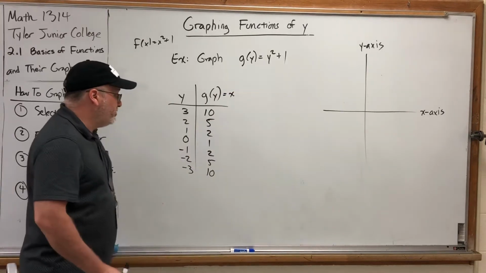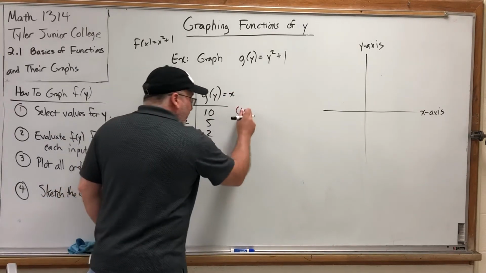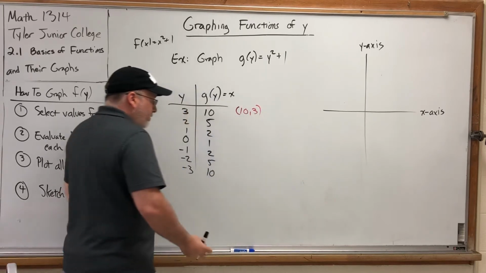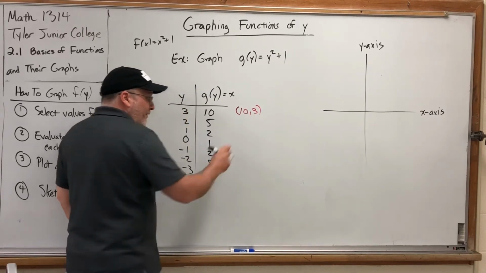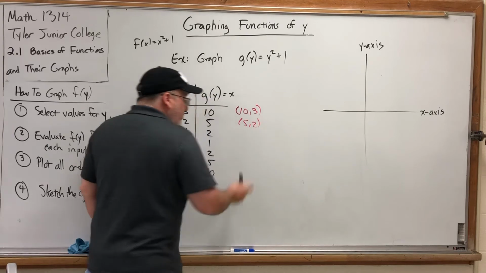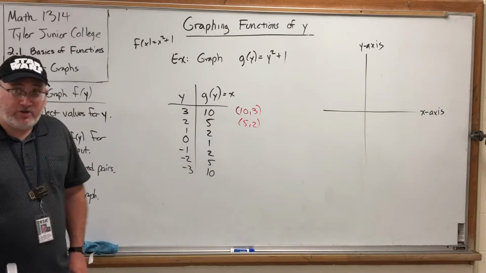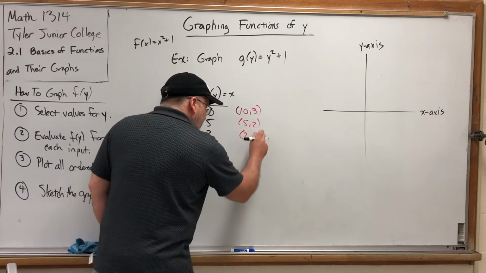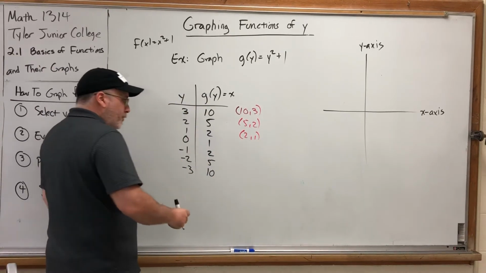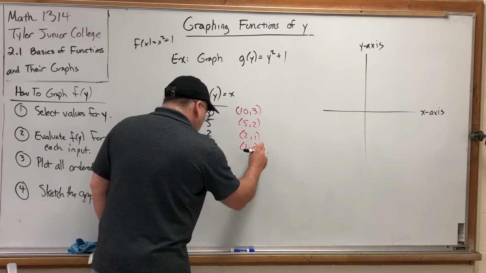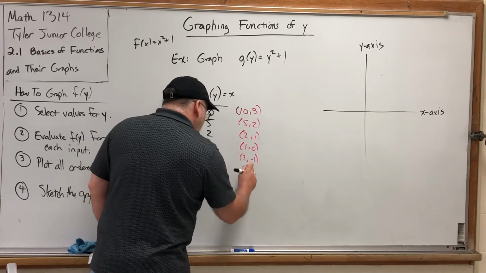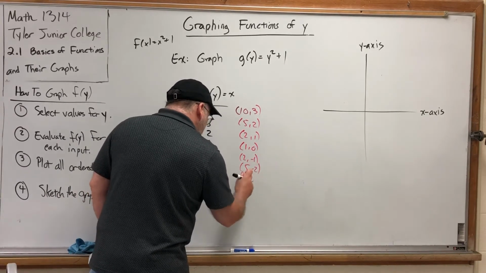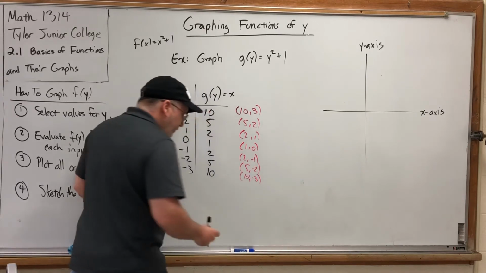So this ordered pair isn't 3, 10. This ordered pair is 10, 3. And the next one isn't 2, 5. It's 5, 2. So in other words, we have all the same ordered pairs as before. We're just switching the order because of who was the input and who was the output. So 2, 1, 1, 0, 2, -1, 5, -2, 10, -3.